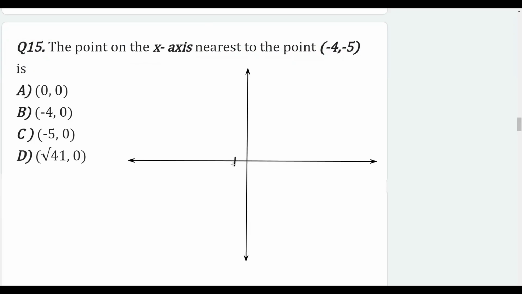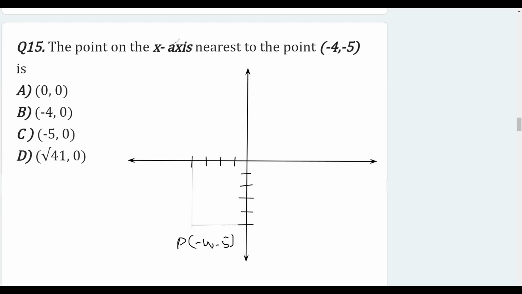Let's say this is -1, -2, -3, -4, and this is -1, -2, -3, -4, -5. So the point is going to be somewhere here. So I'm taking this point here, and the point taken here is -4, -5.